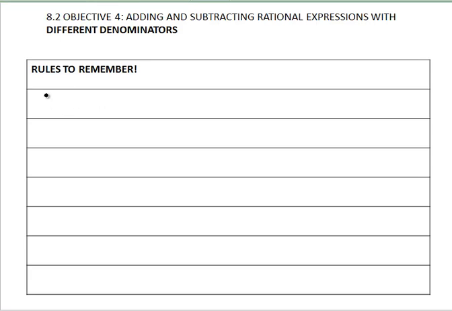So number one, when you're presented with fractions that have different denominators, so here's one. Sorry, the bad writing is back. So here I have 3/7 minus 1/14. And what I need to do first is factor.